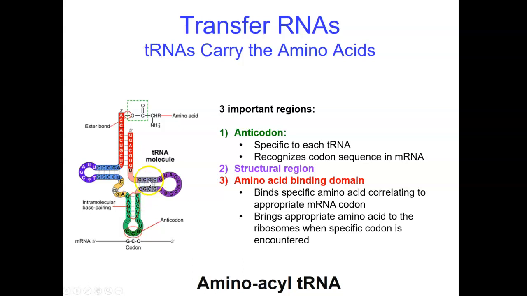Even though this is single-stranded, it has a very complex structure. And then we have the amino acid that is attached here via an ester bond that is specific for this particular anticodon that will be complementary to a particular codon on the mRNA.